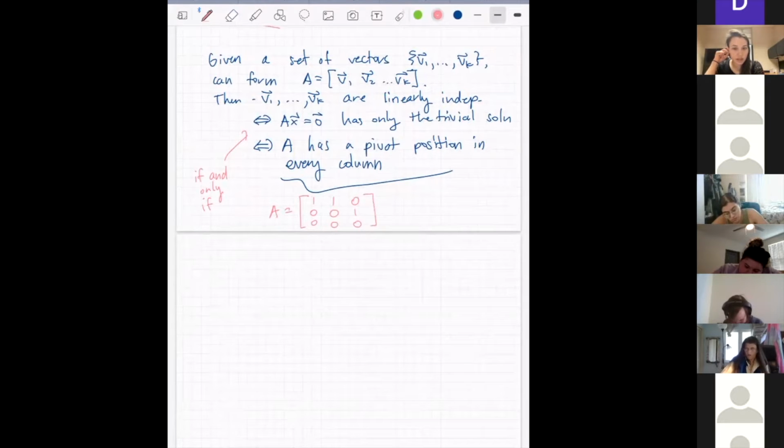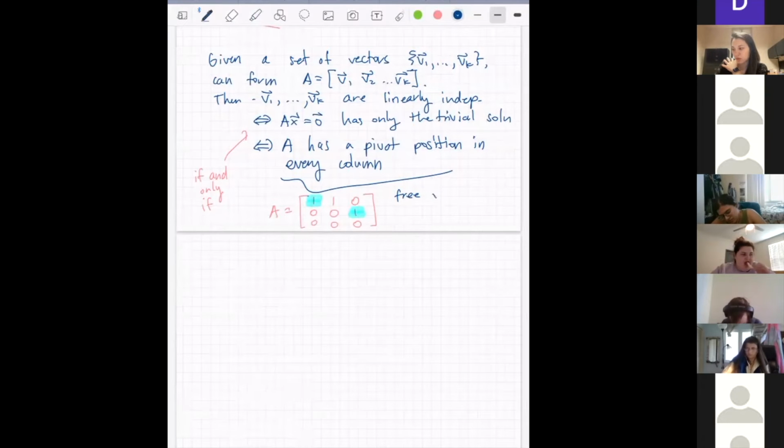So this does not have a pivot position in every column. We have one pivot here and one here. And this is going to have a free variable. So if we have a free variable, then we don't have only the trivial solution, right? So that's really what this last statement is saying.